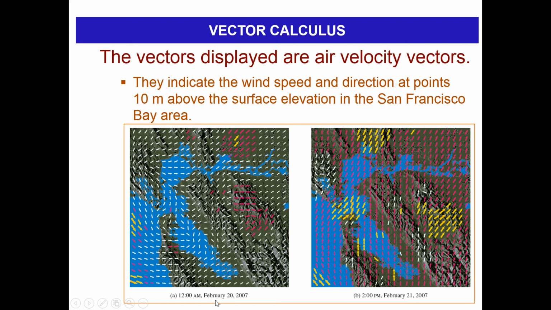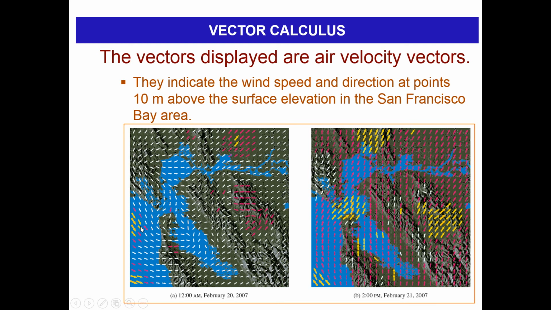This picture is taken on February 20, 2007, and this picture on 21st February 2007. You can see in both pictures the graphs are very different. This vector field is totally different from this vector field.